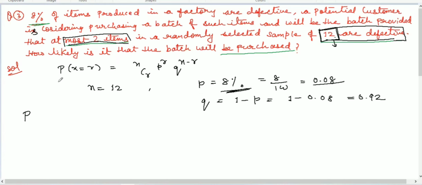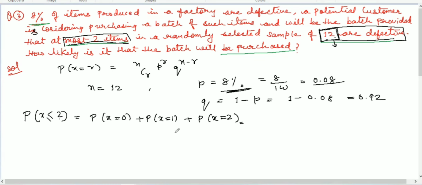We have to find x at most 2, so x should be less than or equal to 2. He doesn't want more than 2. So we need the probability of x equal to 0 plus x equal to 1 plus x equal to 2.